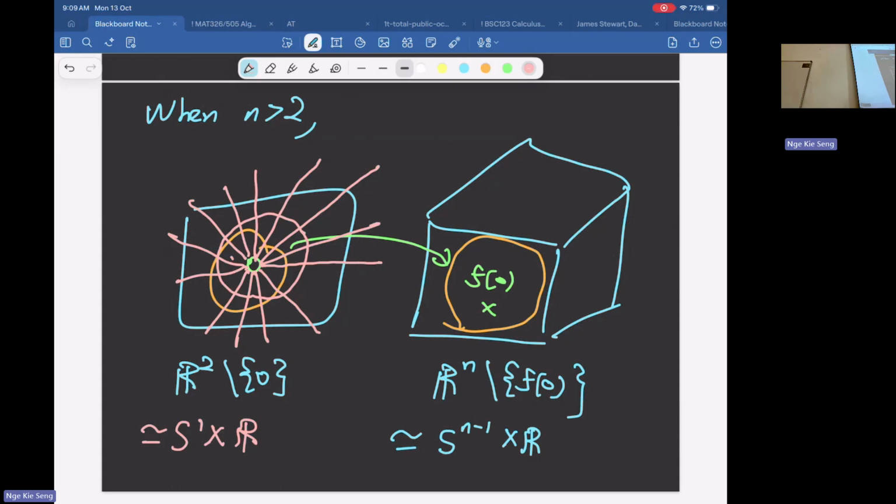Because we have a homeomorphism, I pop a point here. Can you imagine that if this hole becomes big, actually it's a cylinder?